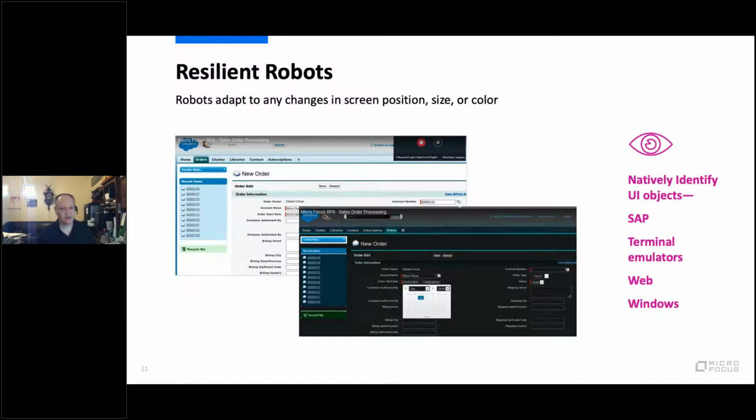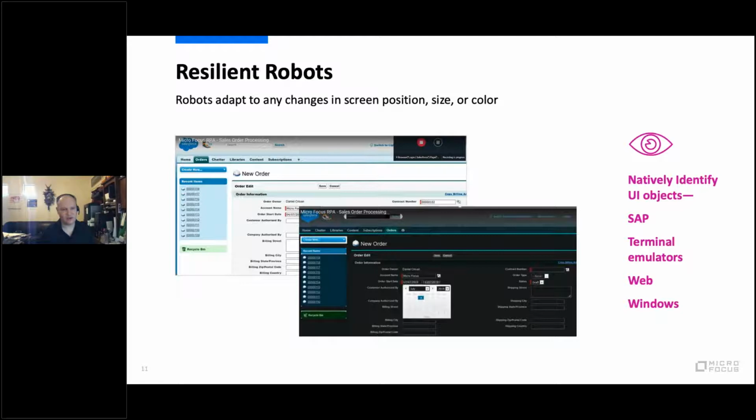So native object recognition is really around looking at the protocol level of the application, understanding what it's doing, what field you're clicking on, what field you're reading, and understanding the application at that level and putting in some intelligence into it so that if an OK button changes its wording to a submit button, the recording and the playback of that recording still works consistently, reliably.